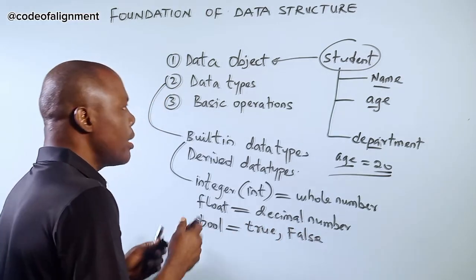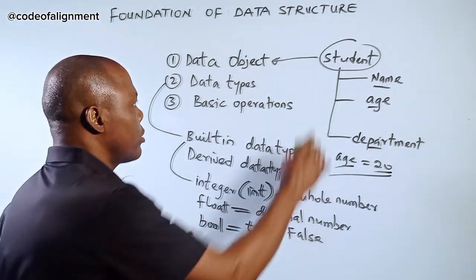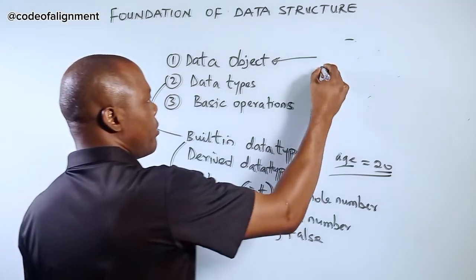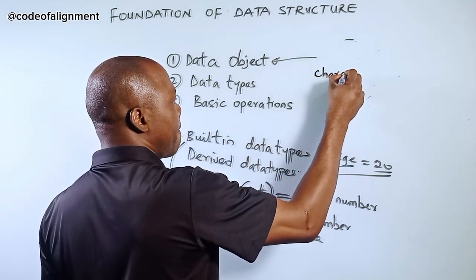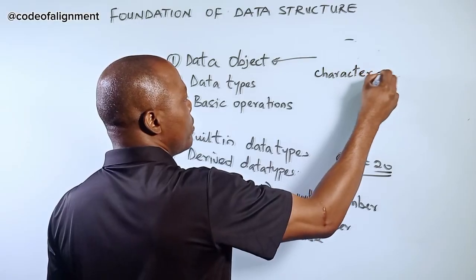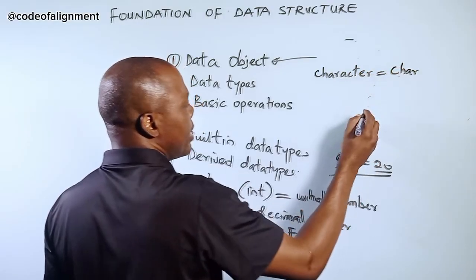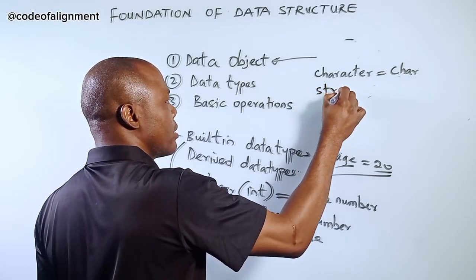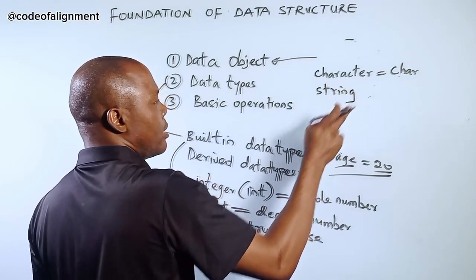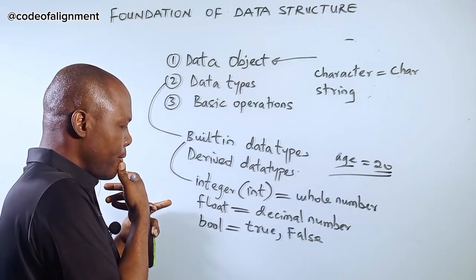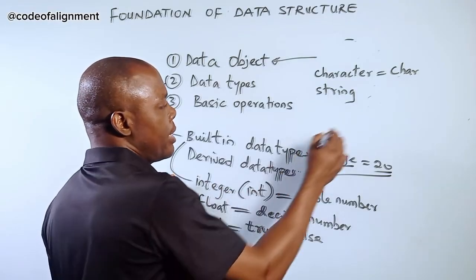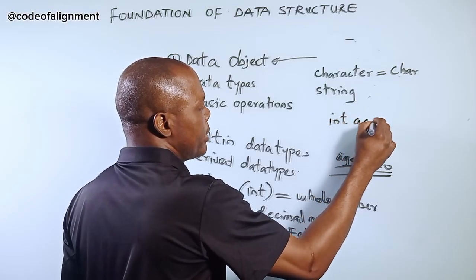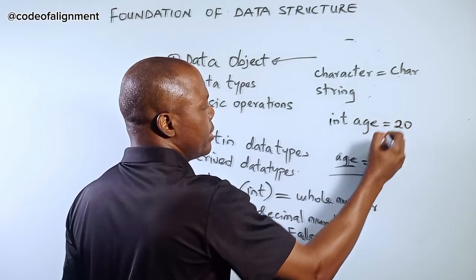Then we also have character, which we refer to as char. And then we also have strings. So if we are going to look at this integer, like this age, we say int age assign 20.